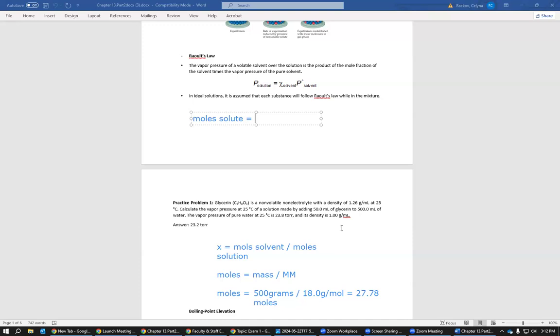And the glycerin density is 1.26 grams per milliliter. Let's convert this from milliliters to grams.